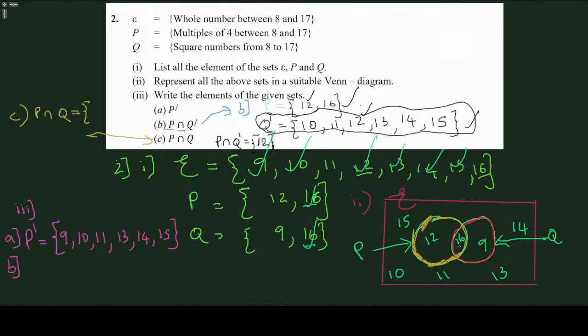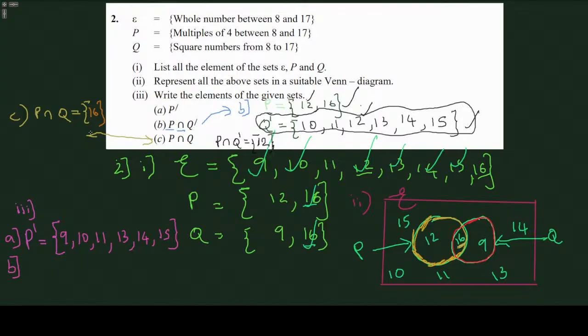How many elements do you see at the place where the two circles intersect? There's only one element, which is 16. So P intersection Q is 16. Once again, we are getting a set with only one element.